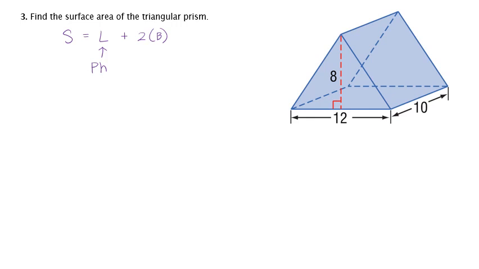So I don't quite have all of the necessary information, it looks like, in order to find the perimeter or determine the rest of this. So I want to think about finding some missing pieces here. I'm going to need to figure out what is this length, what is this length, and then I'll be able to determine the perimeter.